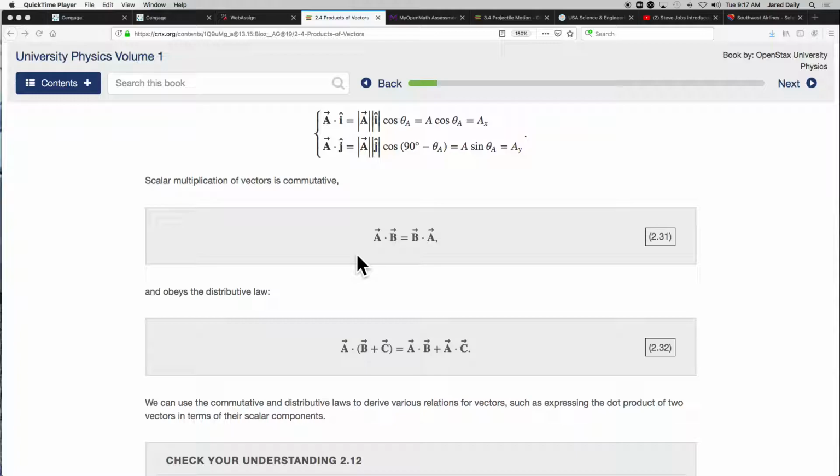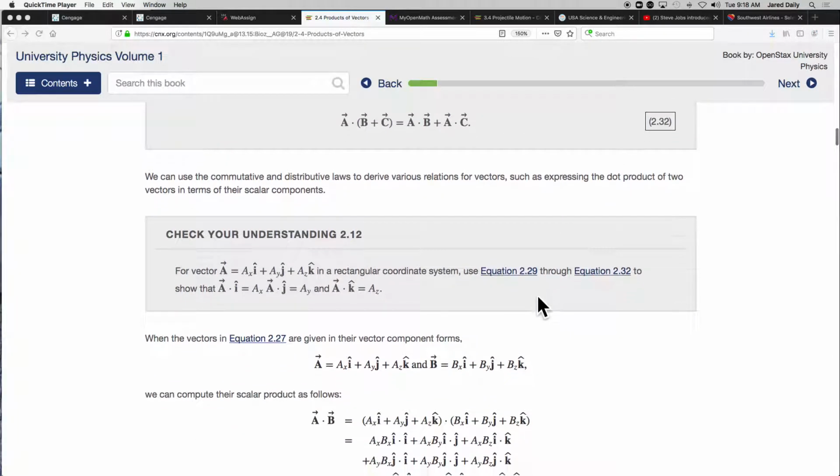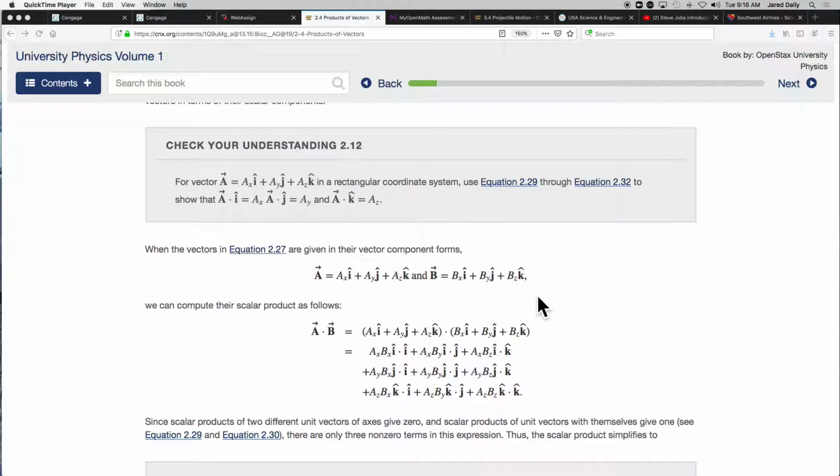It is a commutative multiplication, so that you can reverse it and it's the same answer. It's also distributive, which is nice because these are rules that we're used to dealing with in multiplication.